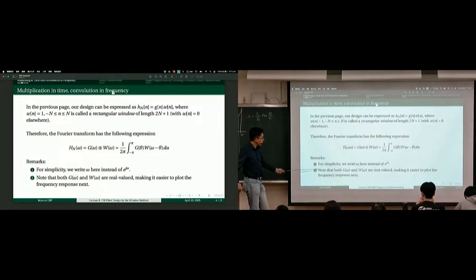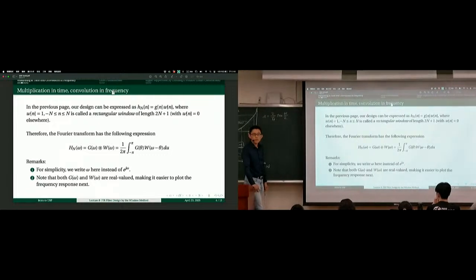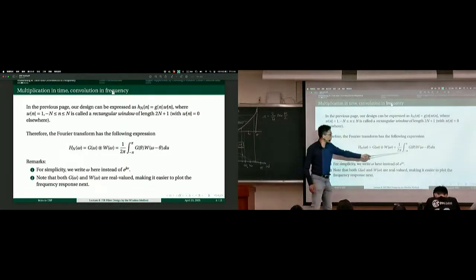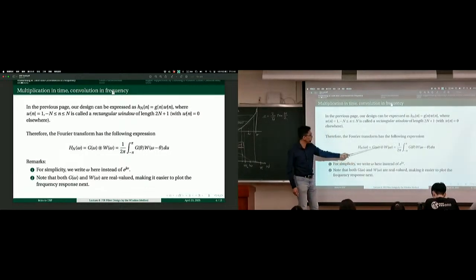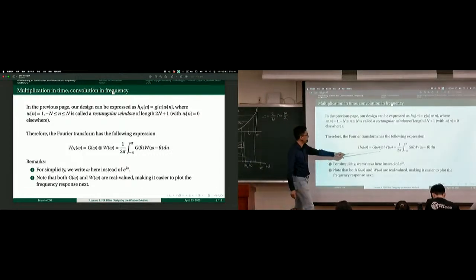And then the second remark, I also emphasize that now this convolution in the frequency domain is denoted by this star sign with a circle around. Some people also call it circular convolution, because actually the angle here is around the circle, a full circle. Circular convolution in the frequency domain is defined exactly like this.